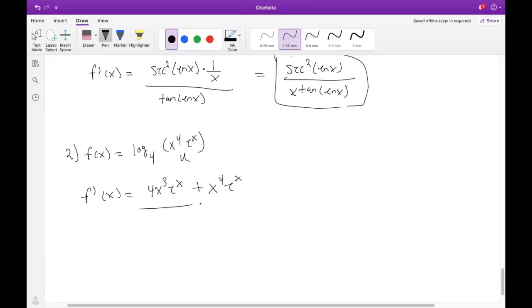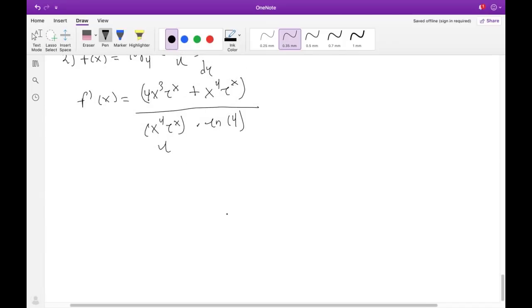And our u is x to the 4th e to the x. So this is du, this is u, and then ln of a is ln of 4. Again, you can simplify this however you want, but this is a way to apply the formula.